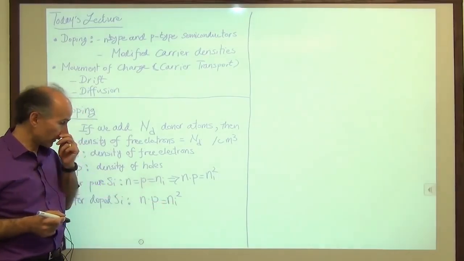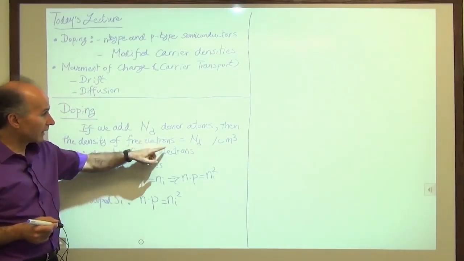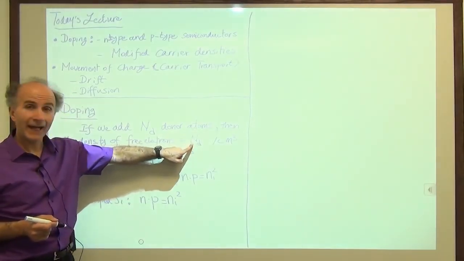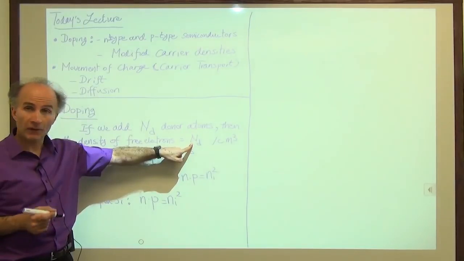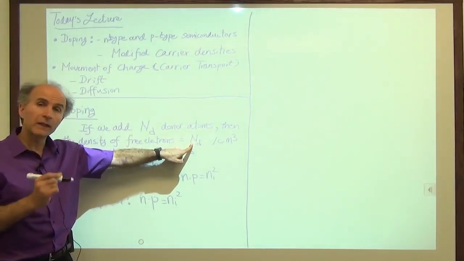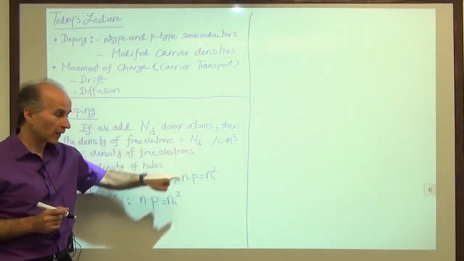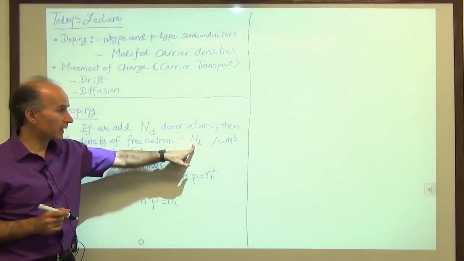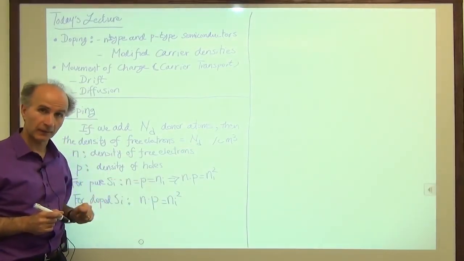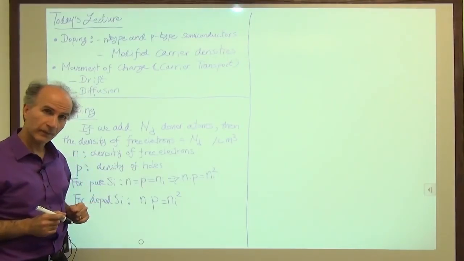Now that raises an interesting question. We just said that if we add Nd phosphorus atoms to 1 cubic centimeter of silicon, we introduce this many electrons, approximately, assuming that Nd is large.